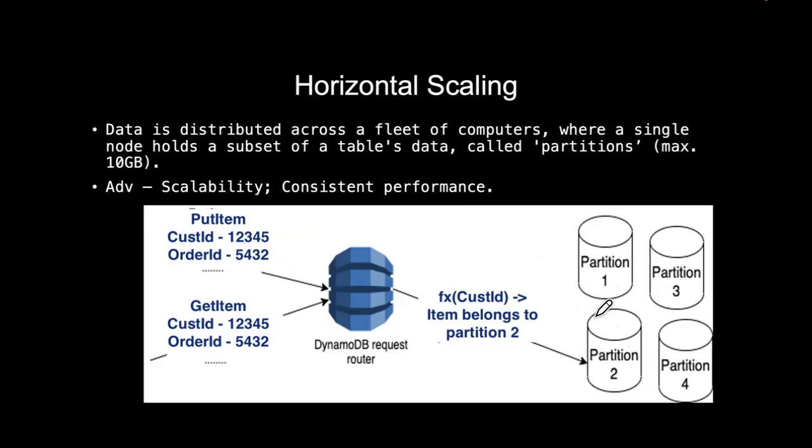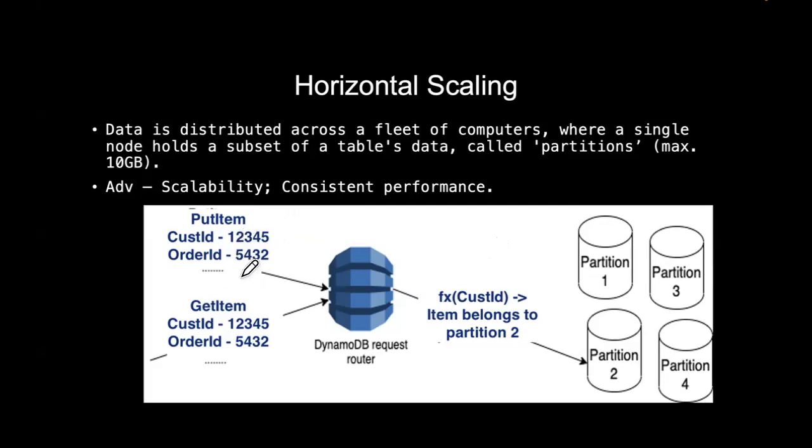And let's suppose it's our orders table. Now, let's suppose we want to write a new item to the table, or in DynamoDB, we talk about a put item operation. And let's also suppose that our table is using the composite primary key that I was talking about. So customer ID is the partition key, and order ID is the sort key.